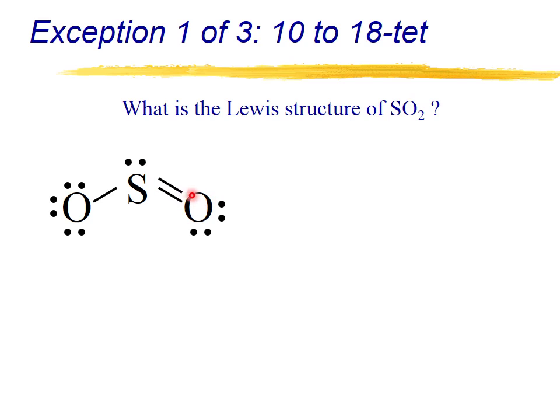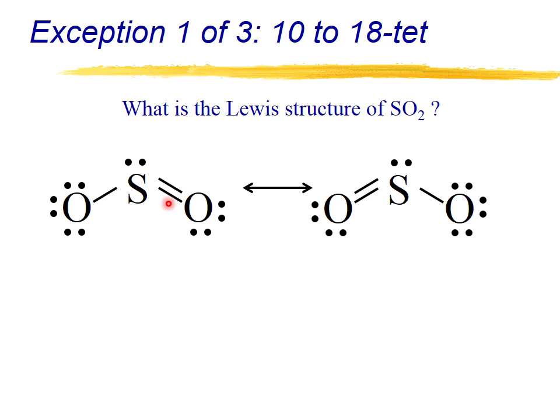To minimize the formal charge, you can make one of these a double bond. You now have an octet on everything: the central sulfur atom and the 2 outside. In this case, I arbitrarily chose the right bond to be the double bond, which means you have to look at the equivalent resonance structure where the double bond is on the left, but otherwise everything is the same.